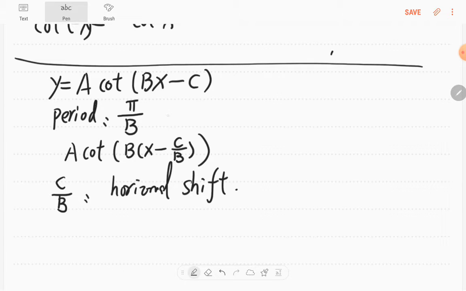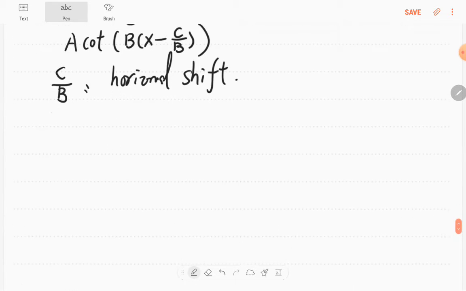Here we always assume b is greater than 0. If it is less than 0, just make it positive, right? You can take a negative out. Okay, horizontal shift c over b. If c over b is positive, we shift the graph to the right. If c over b is negative, we shift the graph to the left.